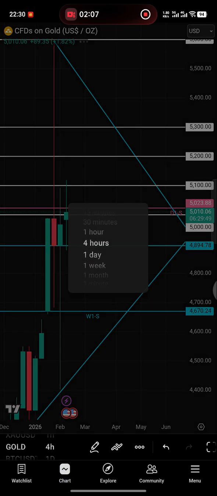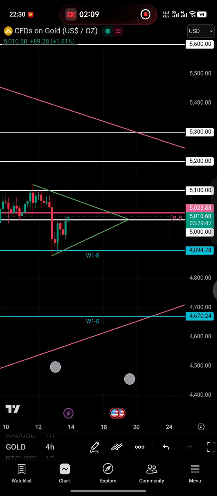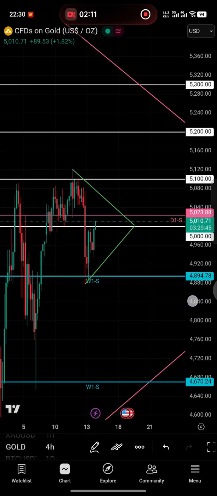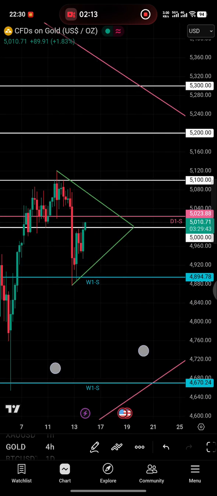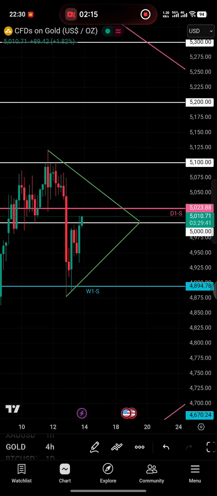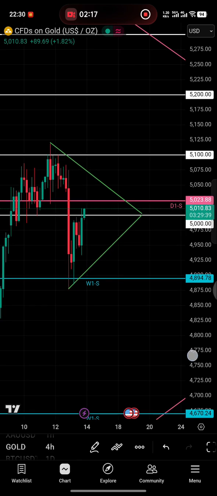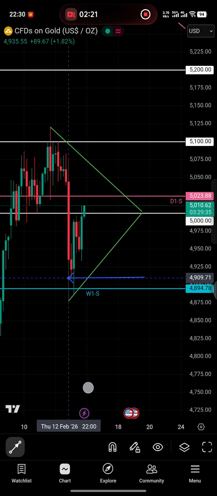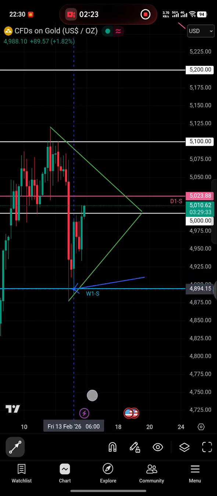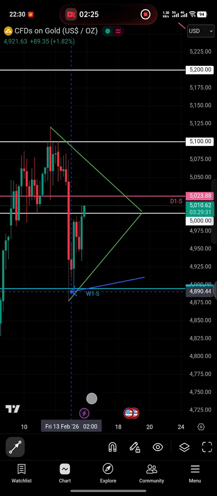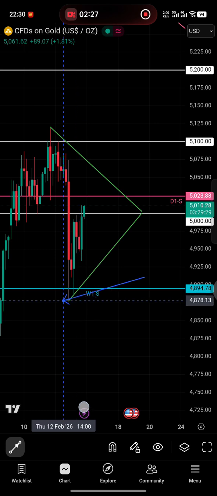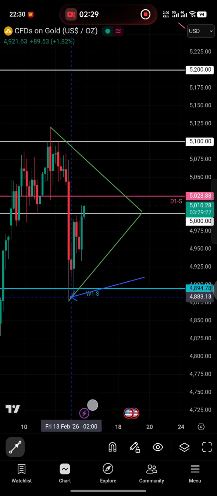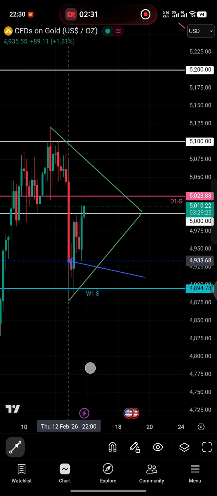So as we can see on the 4-hour time frame, the weekly support isn't broken yet by the 4-hour candle, because this candle over here pushed down all the way to touch the weekly support, clearing off stop loss for those buying on the weekly support, and then after that pulling back up, right?